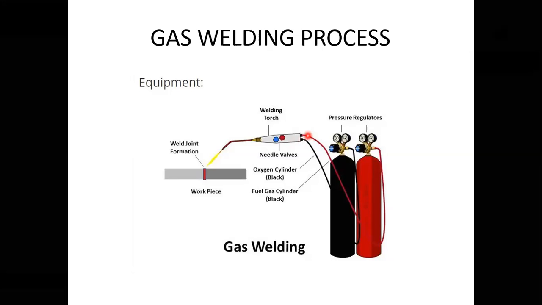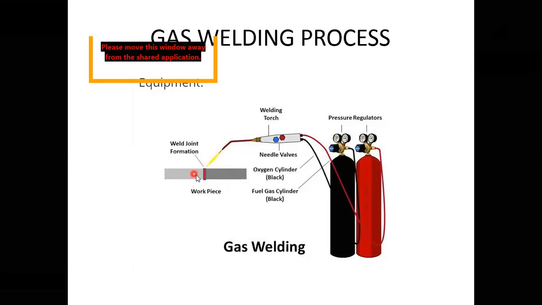Here both are mixing, and by using this you can control the oxygen and acetylene gas. After mixing, it passes through this pipe. This is the nozzle. This is the flame we are going to get.